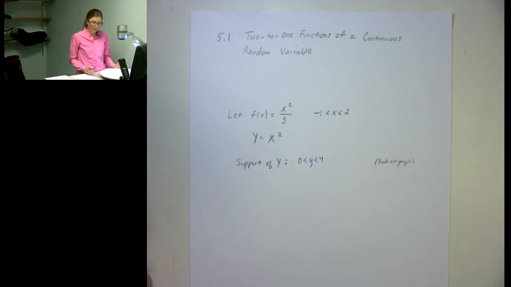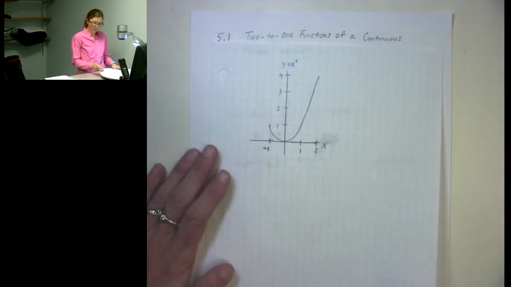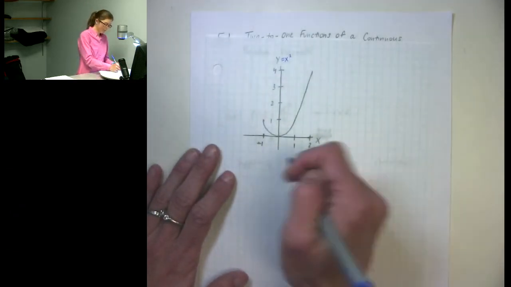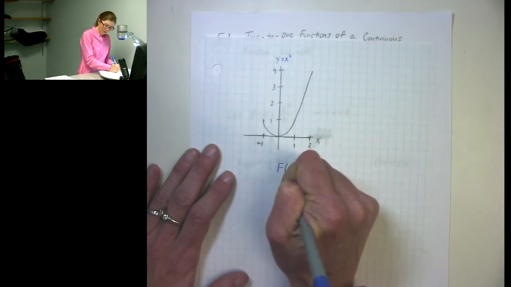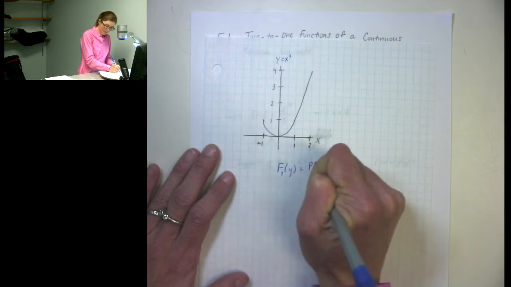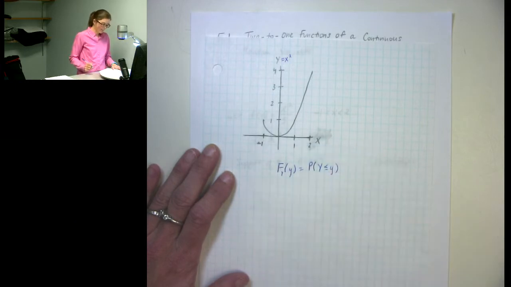Now if I want to start finding the distribution function, I'm going to be thinking about F of y, which is the probability that Y takes on a value less than or equal to little y.